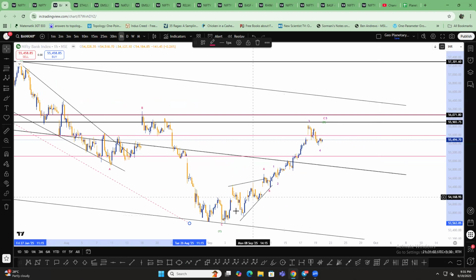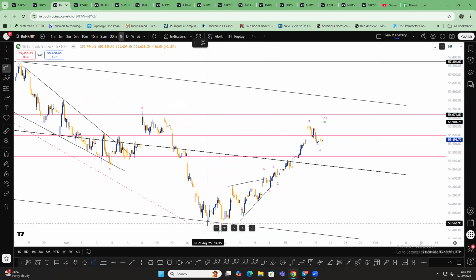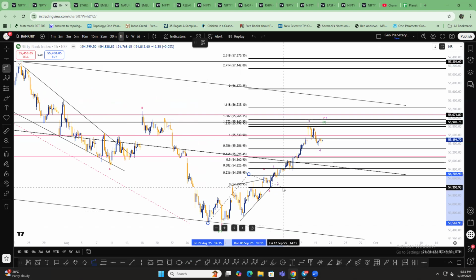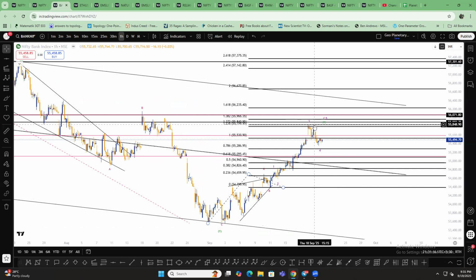And also, if you take this as A, B, then what is C? So A, B, and C coming 1.272, where the market has rejected today, to 1.382%, right? So this is another level.